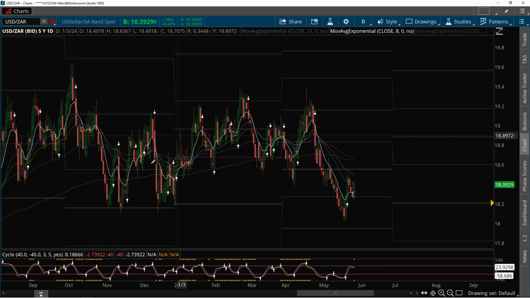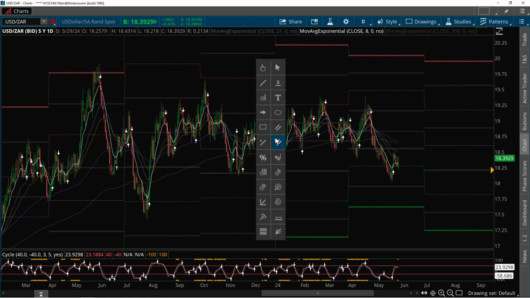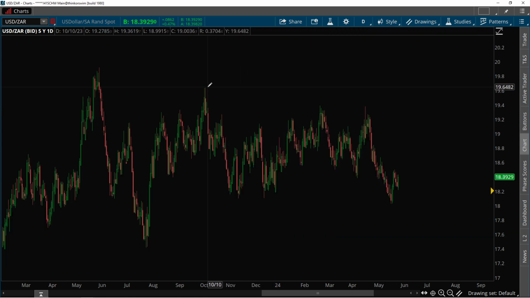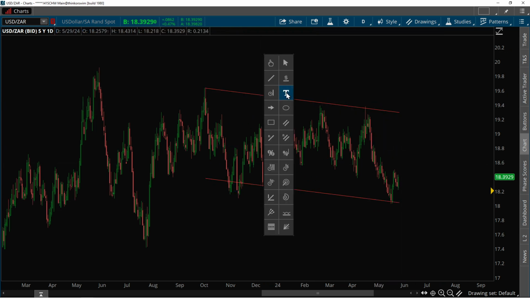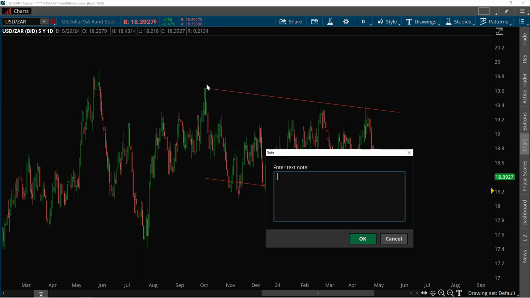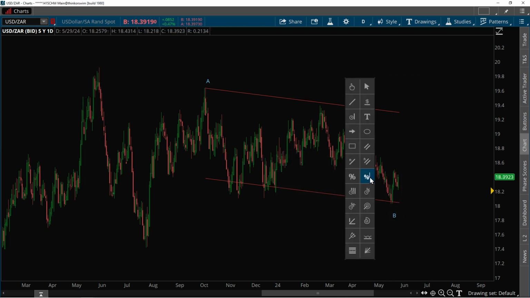Reason you wanted to take this was because of this right here. All right, this could be a correction, and you're just making a larger A. All this is your B wave, and you're coming up for a C.